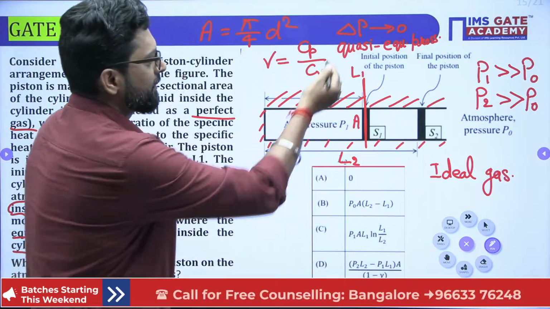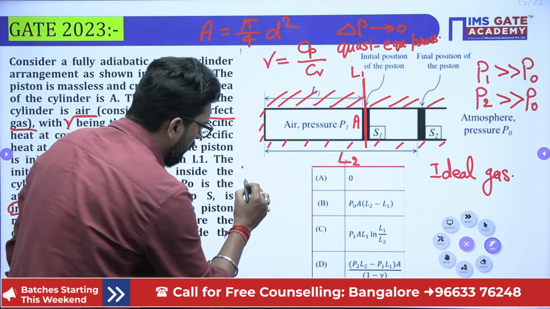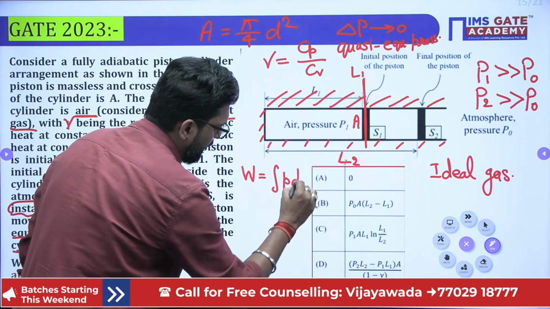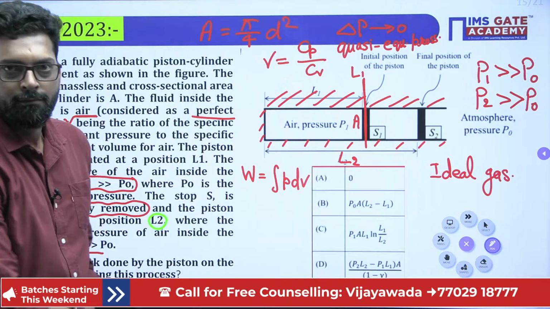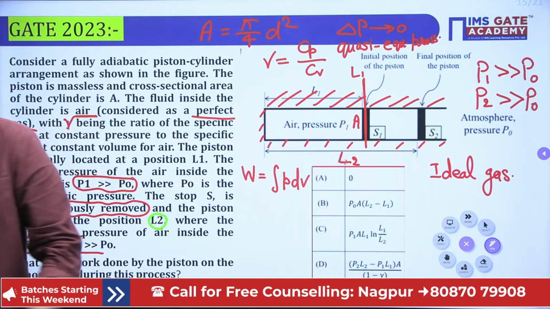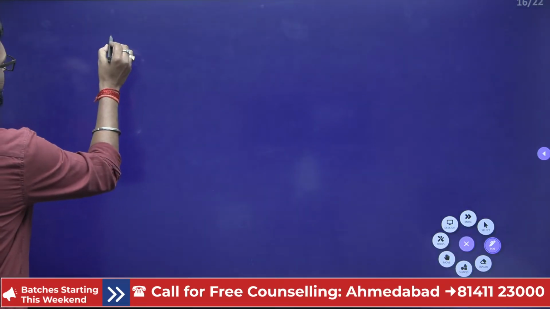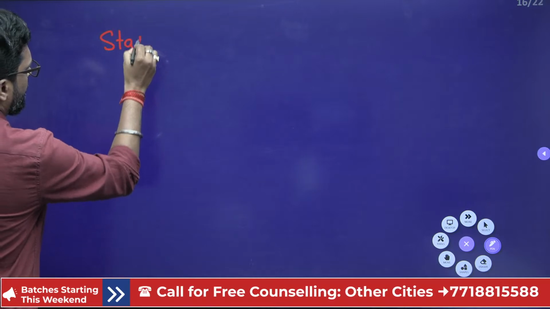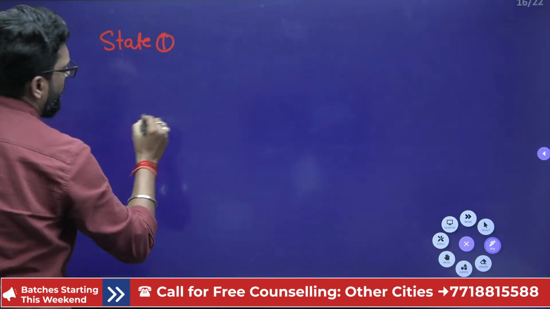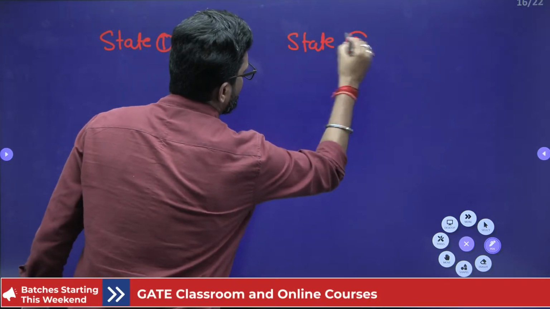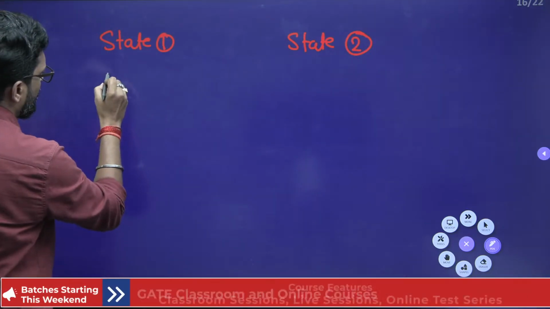That means, see, this is the quasi-equilibrium. We know that work is equal to integration of P dV. At the initial state, state 1, what is the volume?